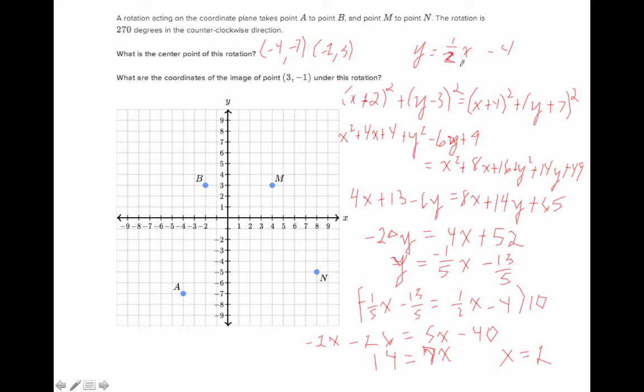Then we could plug that into here, or the other one, either one. So y equals 1/2 times 2 minus 4, which is 1 minus 4, minus 3. So we have (2, -3), the point we eyeballed before, but this is what you'd have to do to really know for sure.